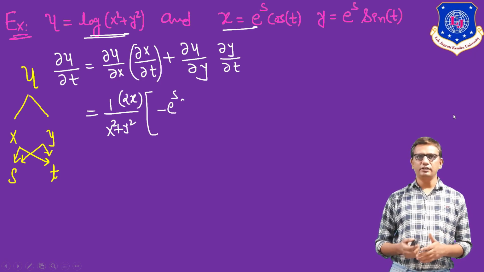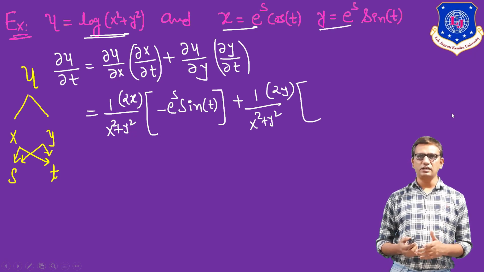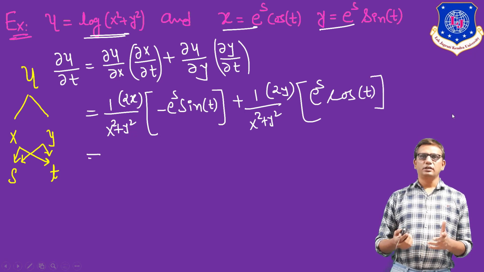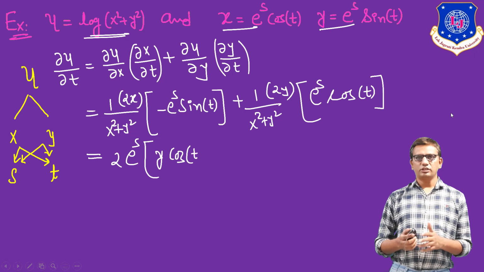Again we are applying the derivative of del u by del x. We already did it in del u by del s, so the concept is similar here, but now we are differentiating x with respect to t. So it is minus e raised to s sin t, and in the second term del y by del t is e raised to s cos t. So that is the concept of partial derivative with the chain rule.